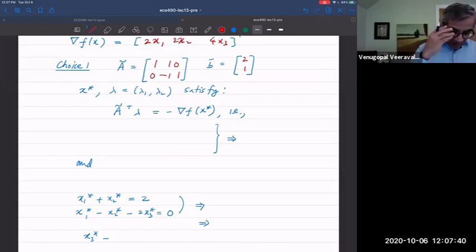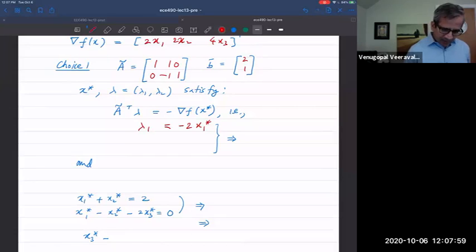So let's write down the Lagrange multiplier equations first. Lambda 1 equals minus 2x1 star from the first one, and then lambda 1 minus lambda 2 equals minus 2x2 star.